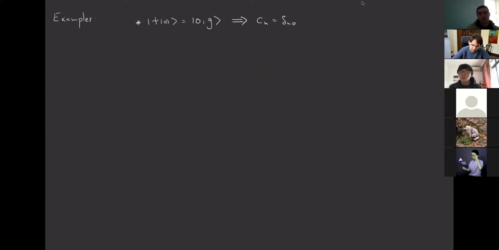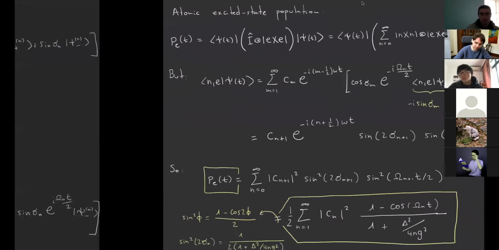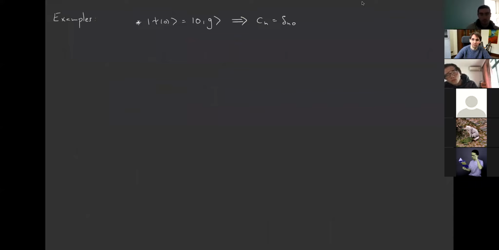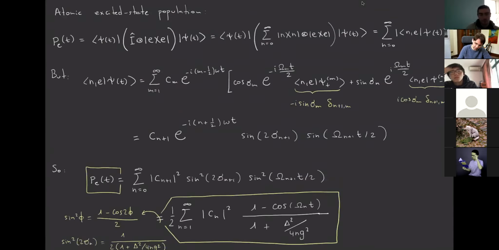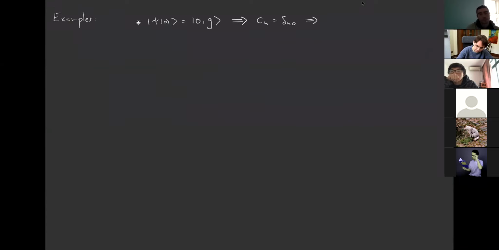So in the expansion of the field, we only consider n equals 0, and therefore Cn is delta n 0. But this implies automatically that the probability of being excited starts at n equal 1. So C0 doesn't contribute here. Therefore, this is equal to 0.